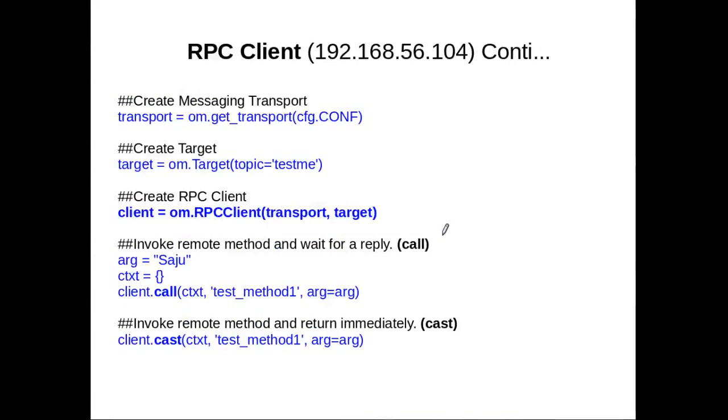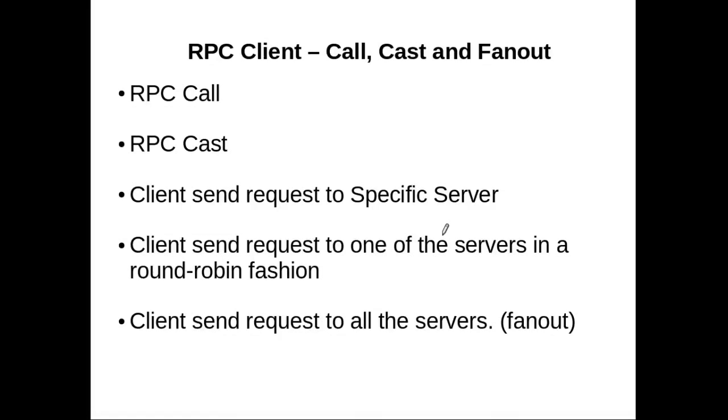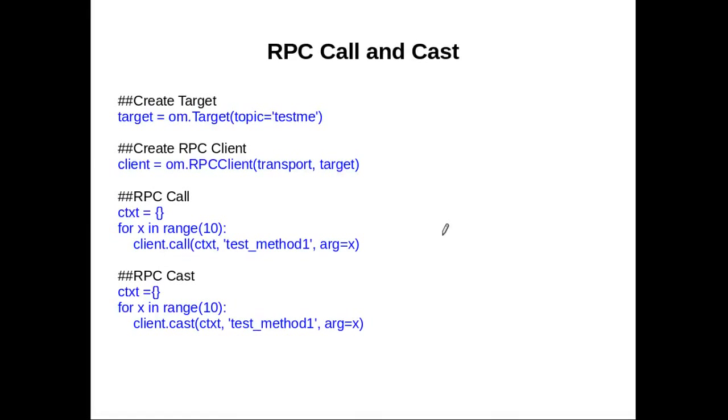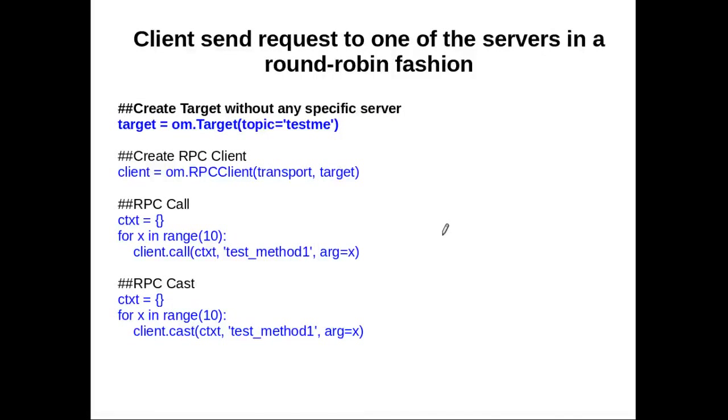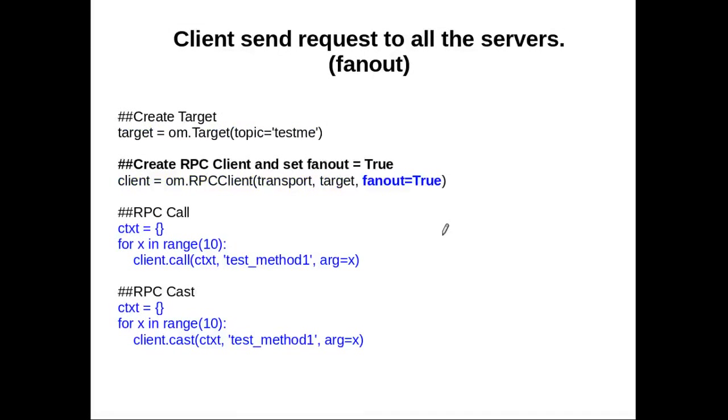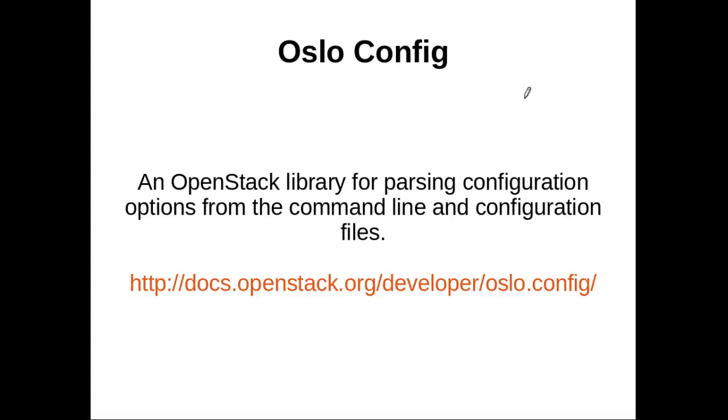RPC cast: client send request to specific server, client send request to one of the servers in a round robin fashion, then client send request to all the servers. That is to find out. So this part I need to change. I have to put it here. Okay.